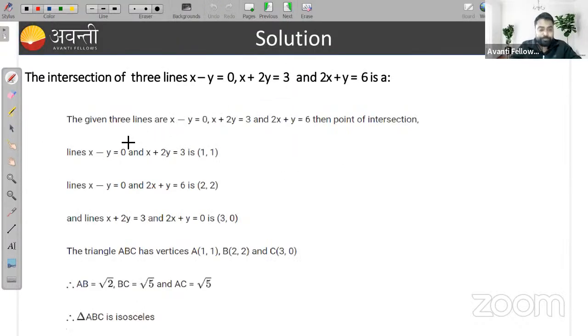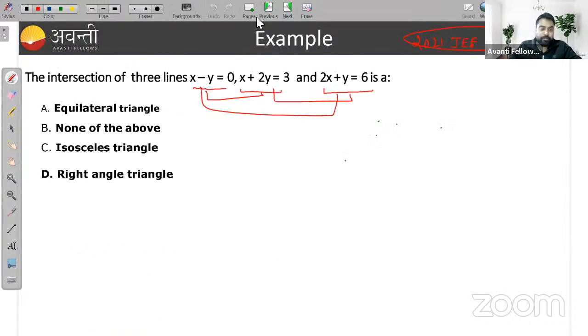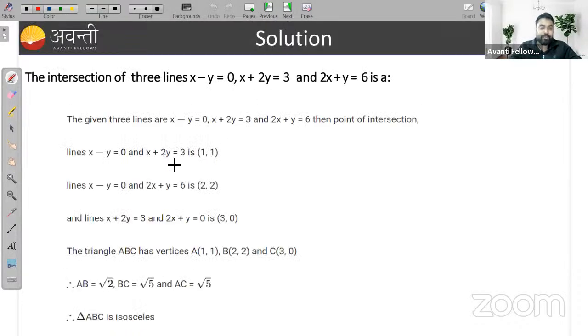Yes, option C is isosceles triangle. Very good, that's nice. First, I am solving x - y = 0 and x + 2y = 3. By solving these two equations, I am getting the point of intersection as (1, 1).